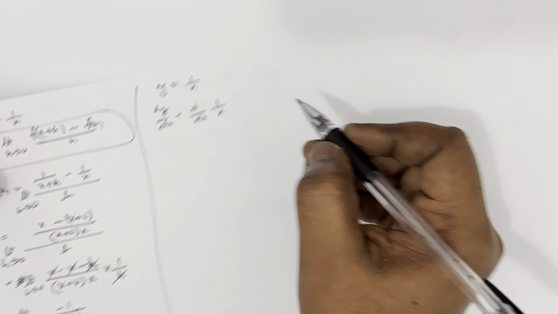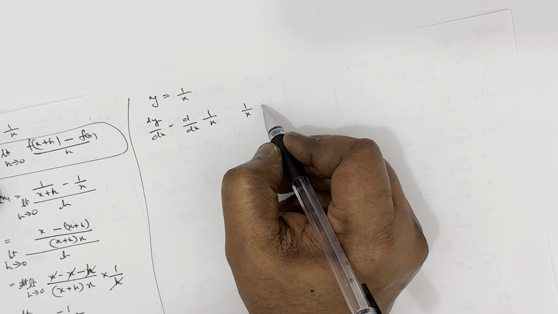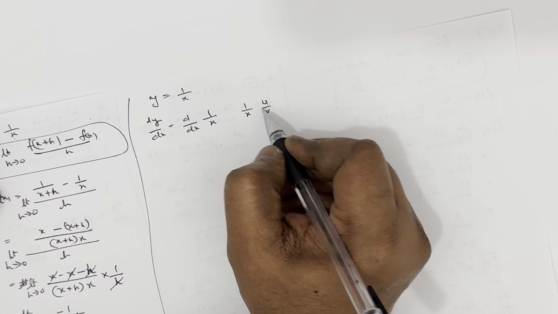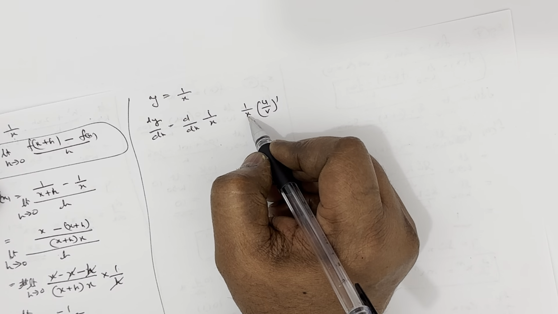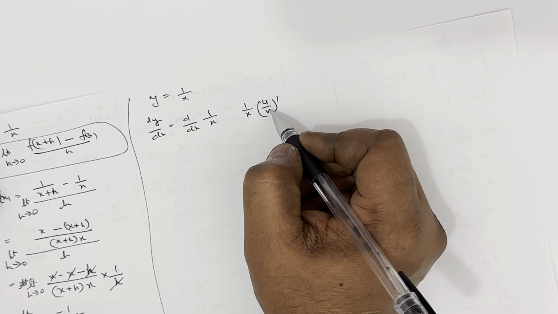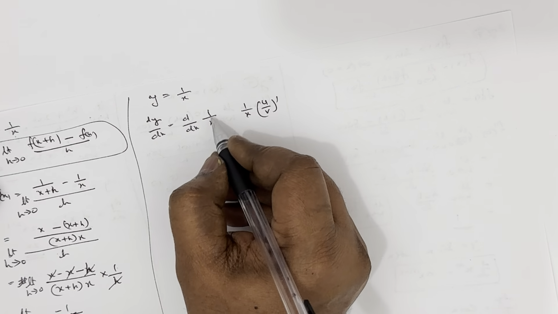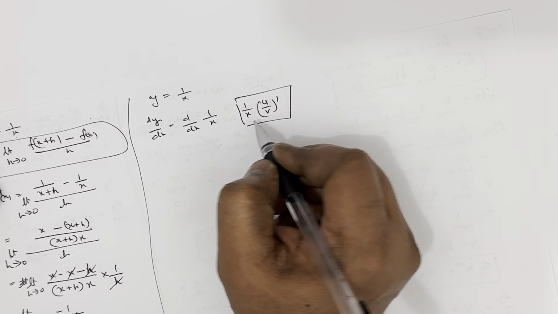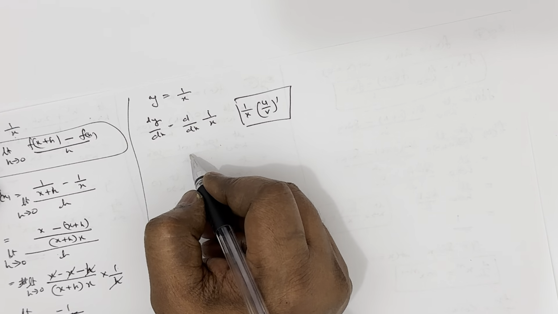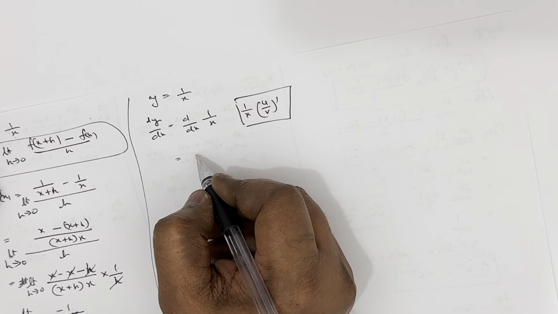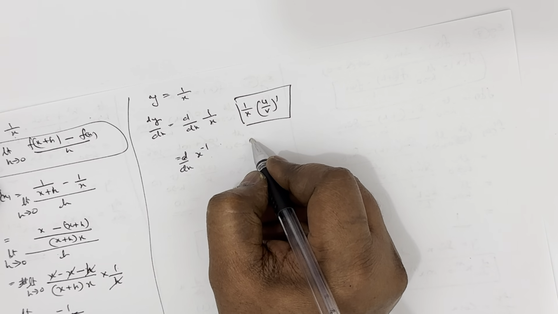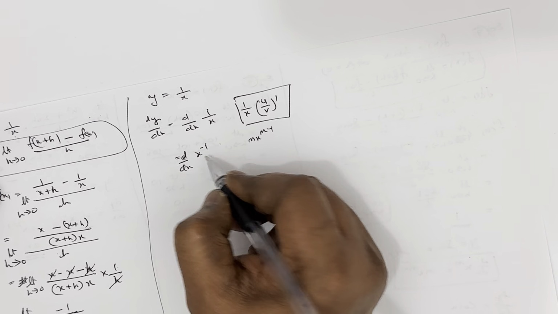Now this can be done in two ways: 1 by x can be taken as (u by v) whole dash, assuming this to be u and this to be x, or simply taking the x to the numerator, it will be x raised to minus 1. Now d by dx of x raised to minus 1, again in the form n into x raised to n minus 1, we can do this.